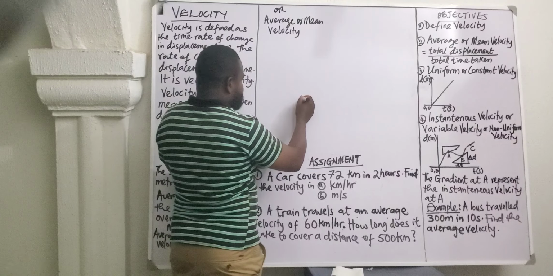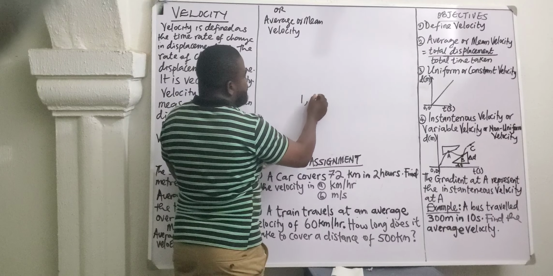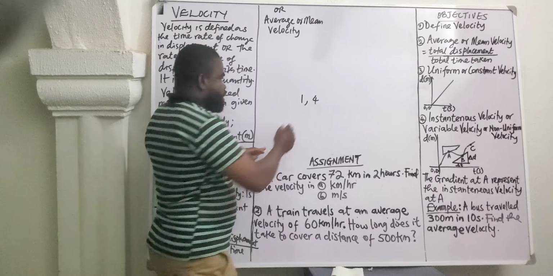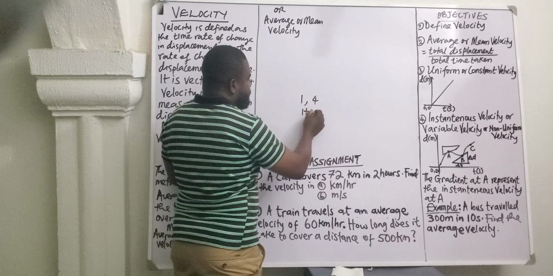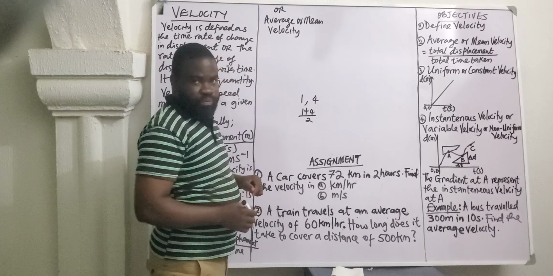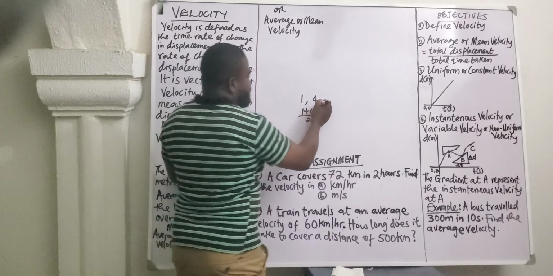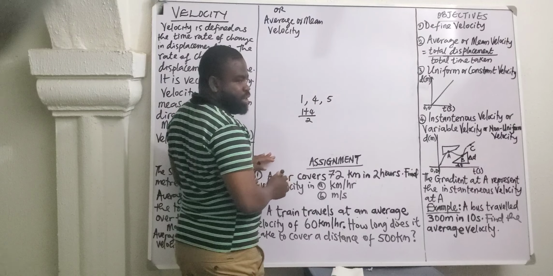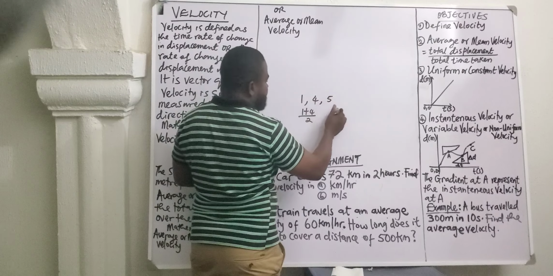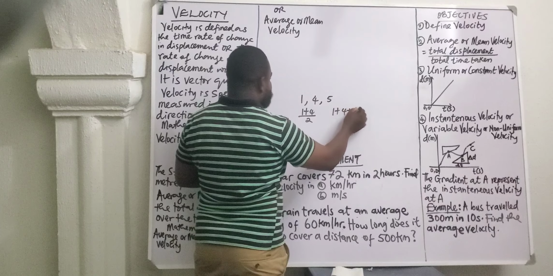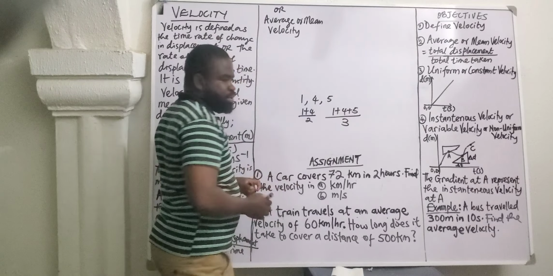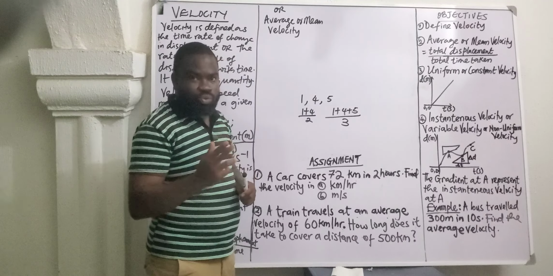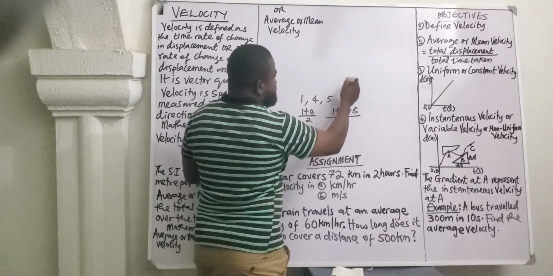If I have two numbers, 1 and 4, and I want to obtain the mean of them, I will say 1 plus 4 divided by 2. If there are three numbers, let me add 5. To get the average of the three numbers, 1, 4, 5, I will say 1 plus 4 plus 5, I will divide by what? 3.